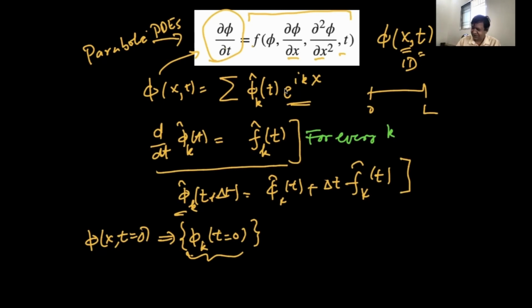So we have a set of equations using any of the methods: Euler, RK2, RK4, Adams-Bashforth. Here of course we'll need the initial condition for each of these differential equations, and we'll get the initial condition for the phi k's from phi x at t equals 0.